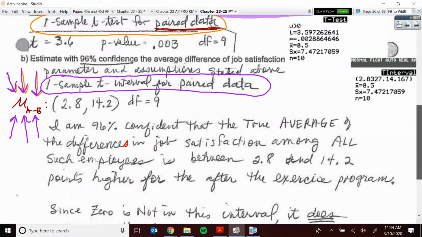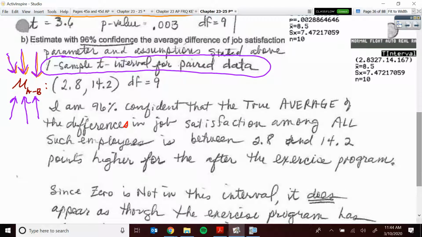So I am saying, see, notice I have degrees of freedom. Now, of course, I think if you had already notated that degrees of freedom on the test, you were okay with that, if it's all one continuation. So I am 96% confident that the average change, or the average increase, or the average differences, something along those lines, in that job satisfaction for all the employees.